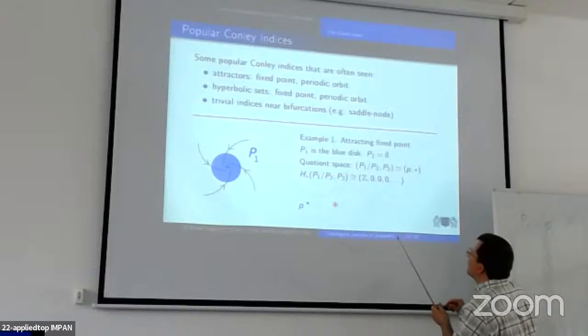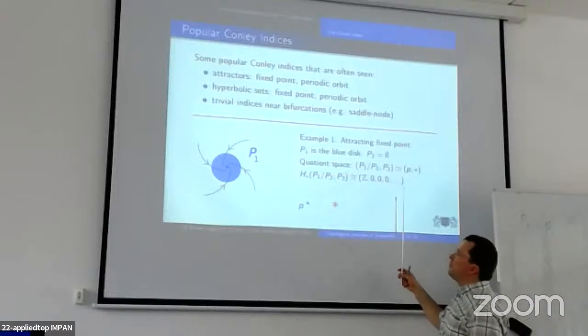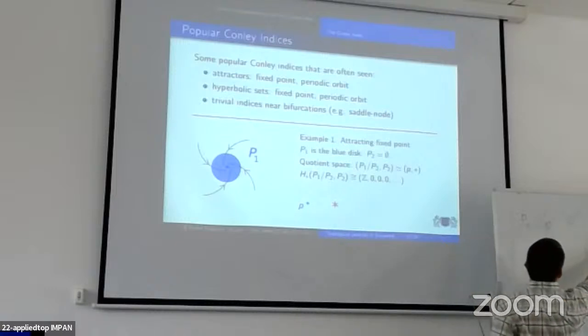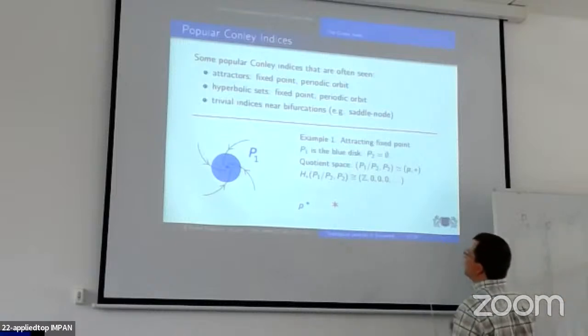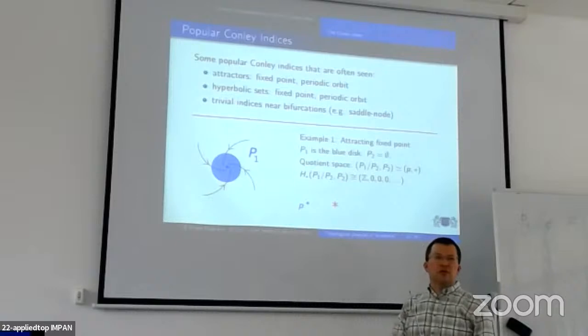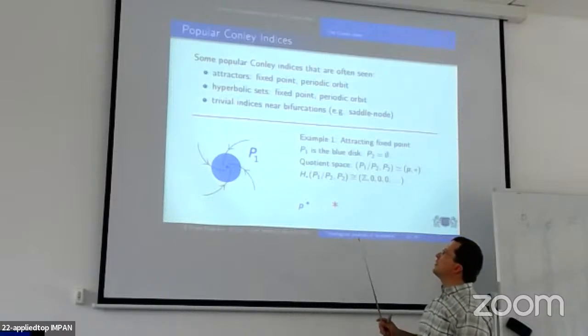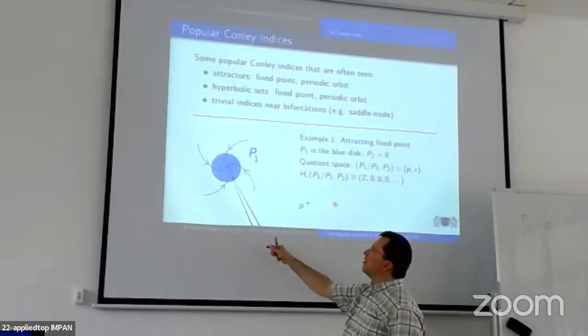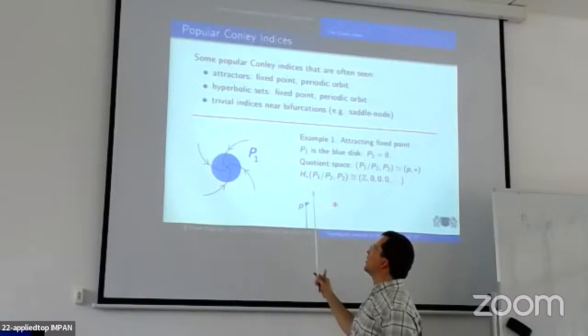And this is a pointed space, which means that there's this extra point, which doesn't count for homology. So this is relative homology, where this extra point doesn't count. Here, we can squeeze this isolating neighborhood to a single point.